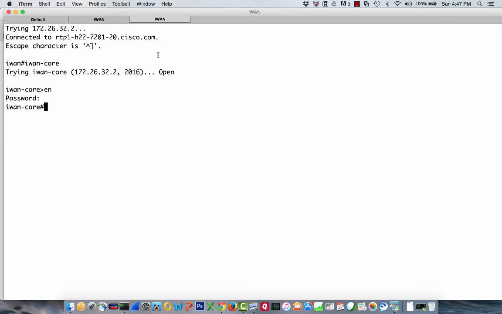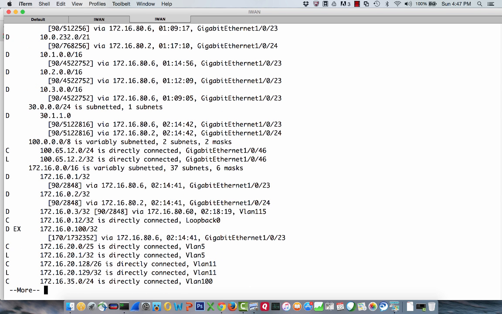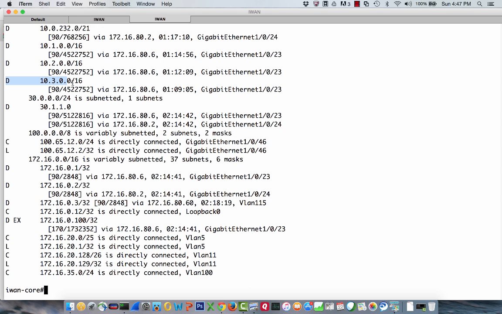If we go up to the core router and we look on how do we get to 10.3, we can see up on the core router right here that if we want to get to 10.3, we are supposed to go to gigabit 1023.